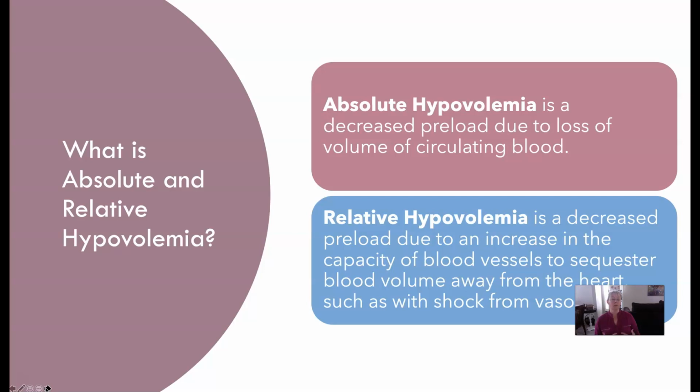Blood, or fluid, shifts into the third space. When you think about cirrhosis, a patient with ascites, where is that fluid? The patient is hypovolemic, but it's more of a relative hypovolemia because it's happening inside the patient's third spacing. That patient gets treated differently than an absolute. There's always a gray area. Some people can have both absolute and relative.